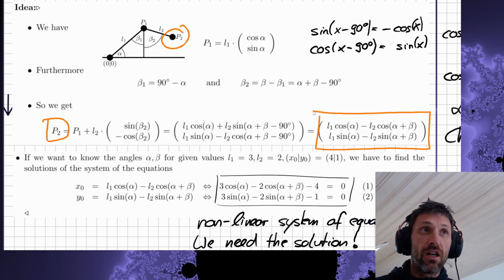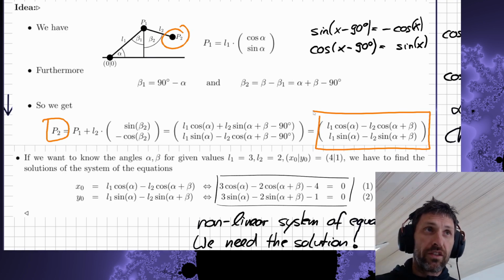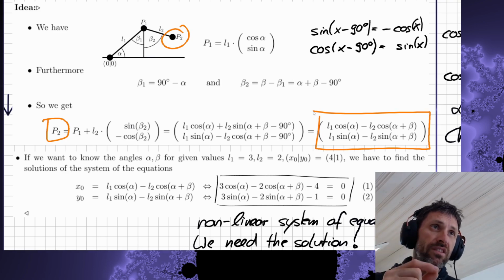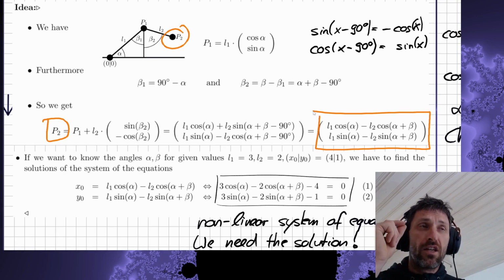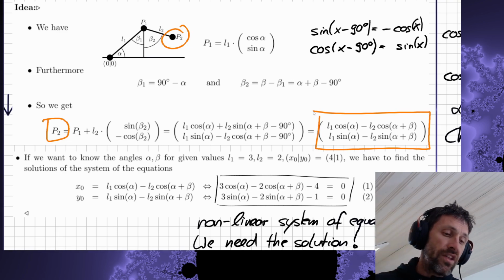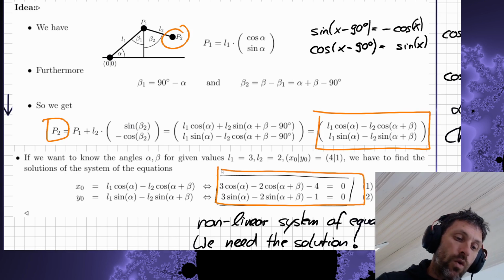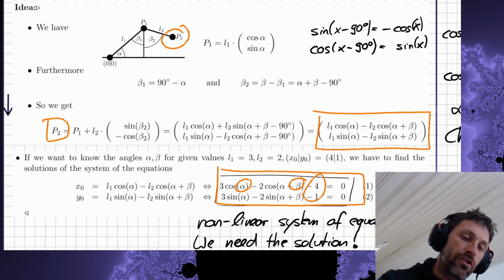Okay, and what will we do now? We will revert that, because we are not interested in calculating P2 when knowing alpha and beta, but the inverse is what we are interested in. We know x0, y0, and we want to find the angles corresponding to that position. So we can write some unknown alpha, some unknown beta. This is the position, and these are the arm lengths L1 and L2.